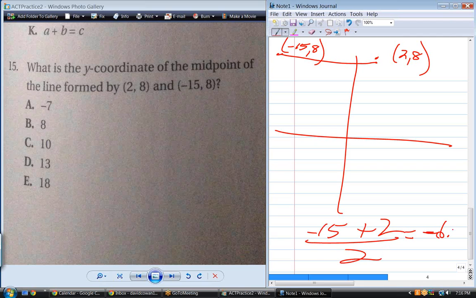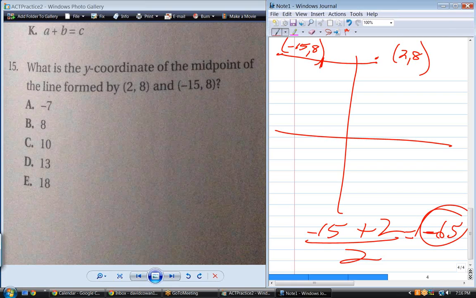That's minus 6.5. The key thing is to make sure that whatever point we come up with is equidistant from minus 15 and 2. And minus 6.5 is 8.5 units from minus 15, and it's 8.5 units from 2.